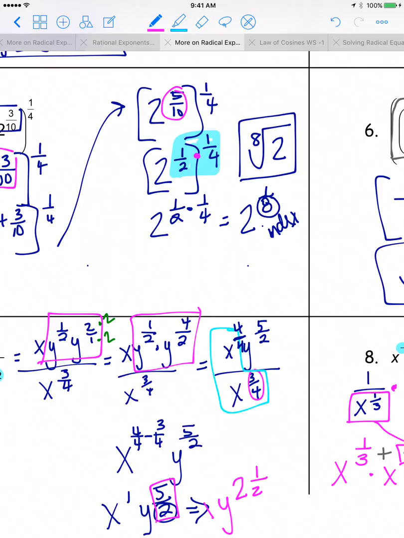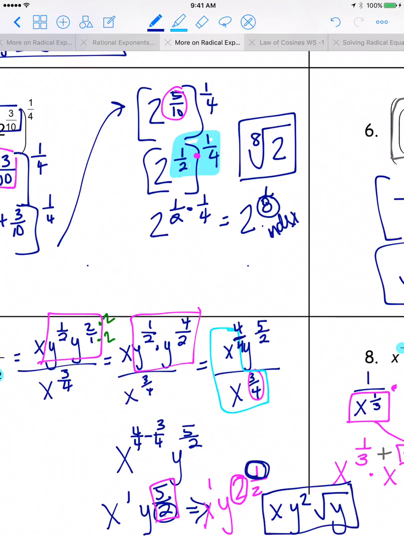So we get x to the first. This whole number 2 means that there are 2 pairs of y's that we have taken out of our square root. So in radical form, it'd be x y squared, and what's left under your radical? Just 1 y. And then we're done.